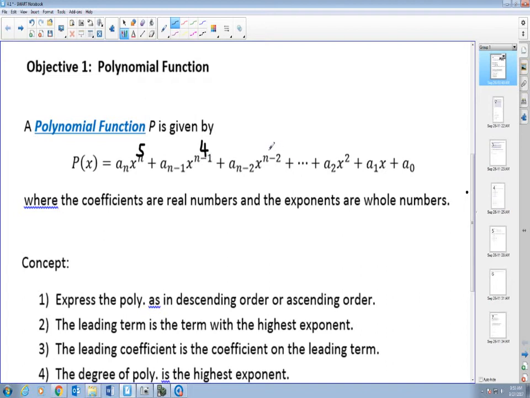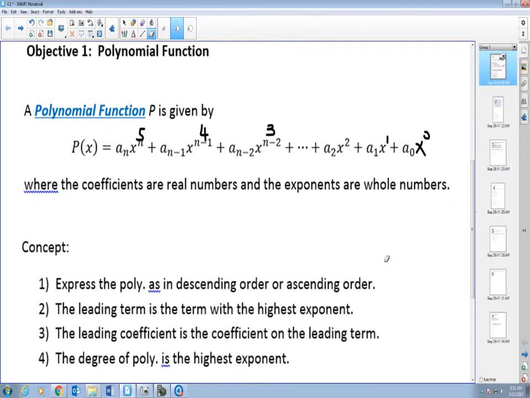The one after that is 3, then 2, then 1, then the last one is actually x to the 0 power. Because as you can recall, anything to the 0 power is equal to 1, and 1 times whatever coefficient is still that coefficient. So we generally express polynomials in descending or ascending order on the exponent.